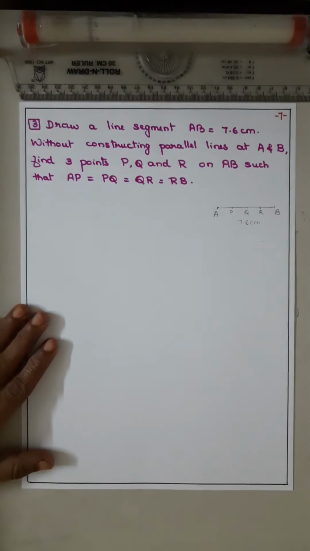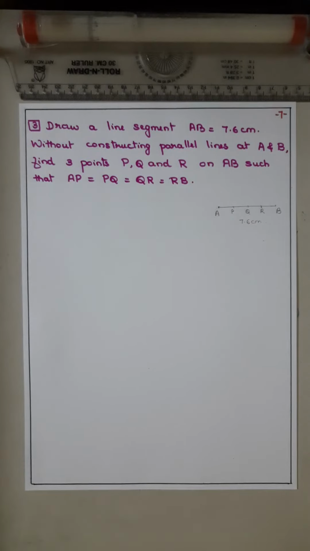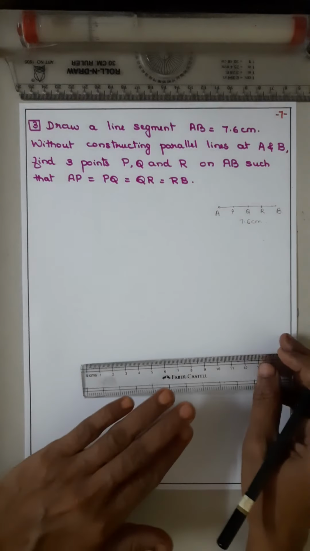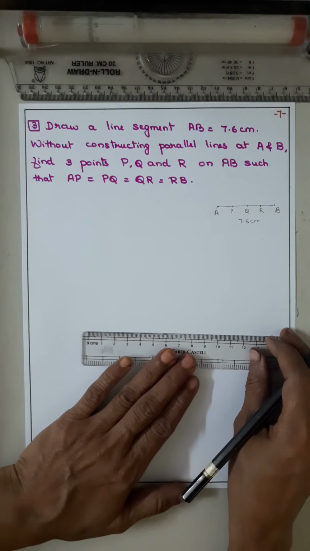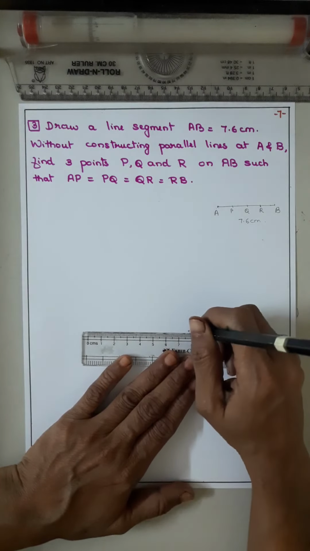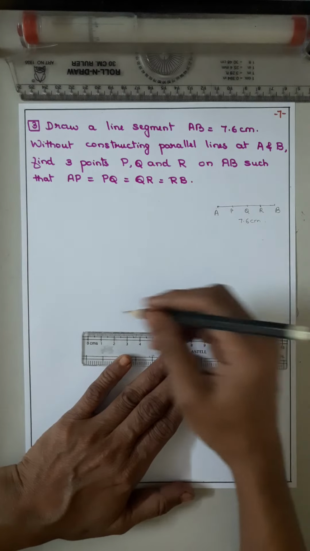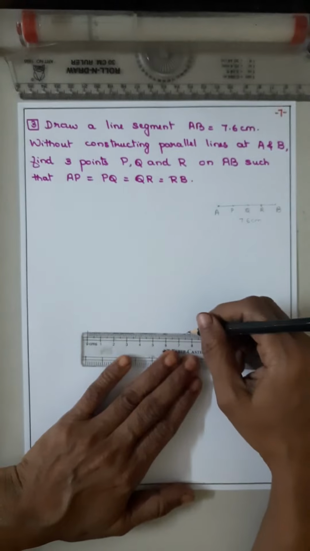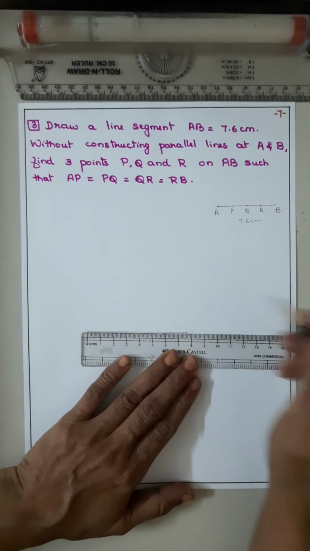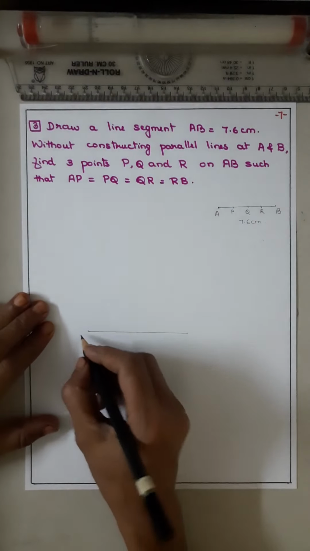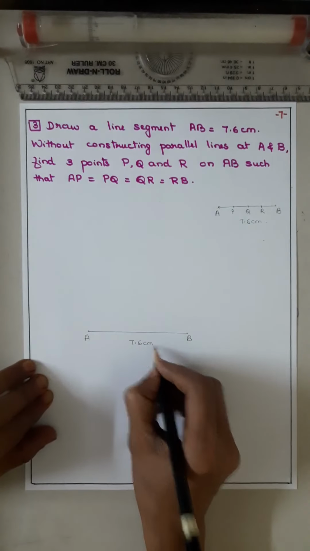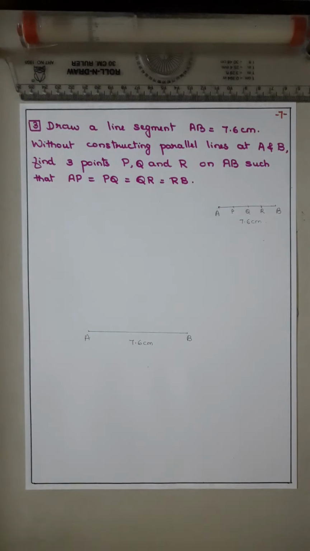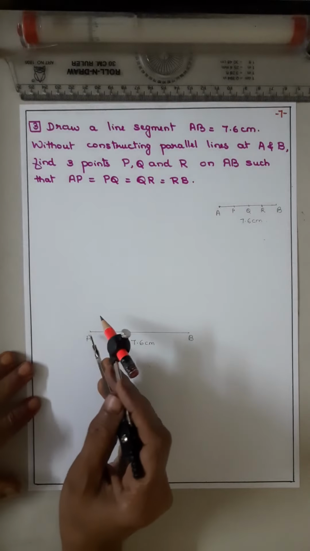So this is a construction sum, isn't it? For that, remember the method. First we have to draw 7.6. Draw the line. Now write AB is equal to 7.6 centimeter. Next, what is the method?